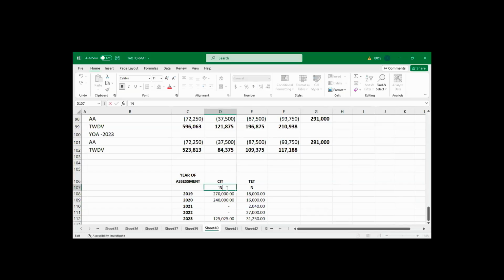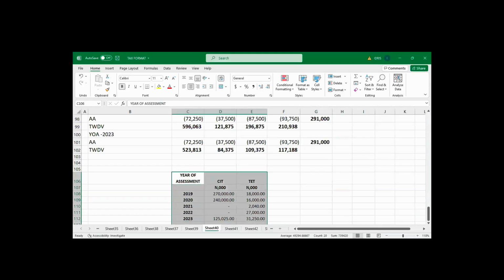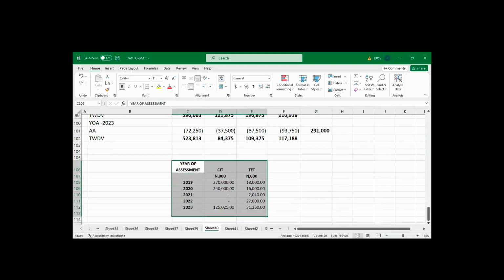For 2022 year of assessment too, no CIT, you pay TET. While in 2023, there is CIT of 125,000 and the TET is 31,250. This is the summary of your task that you are going to put in your report. This summary, you put it in your report while writing your report.